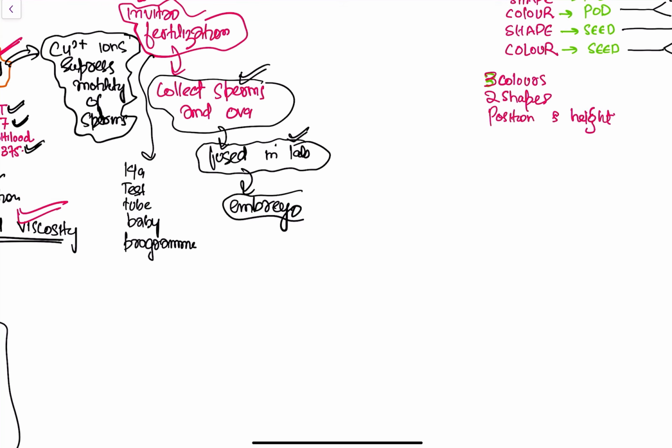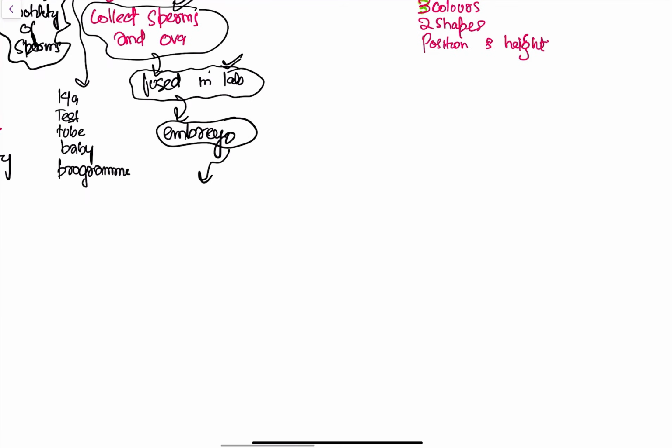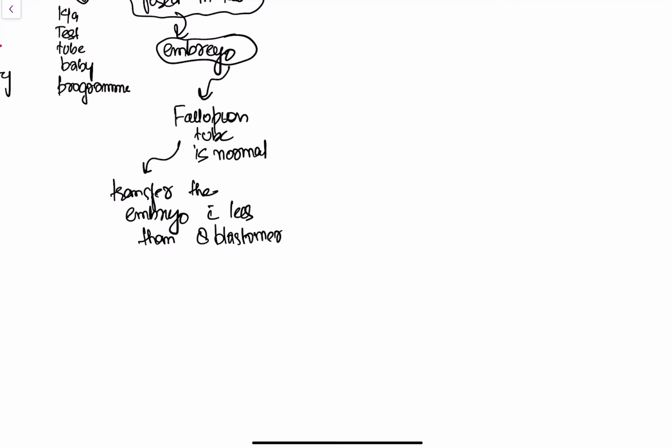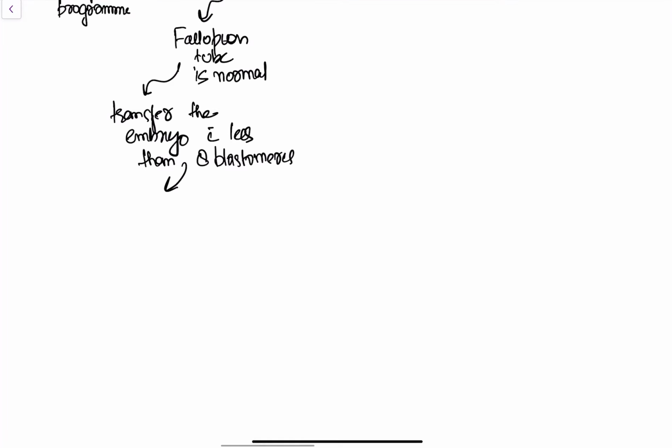Then, if the fallopian tube of the female is normal, we transfer the embryo with less than 8 blastomeres or cells into the fallopian tubes.